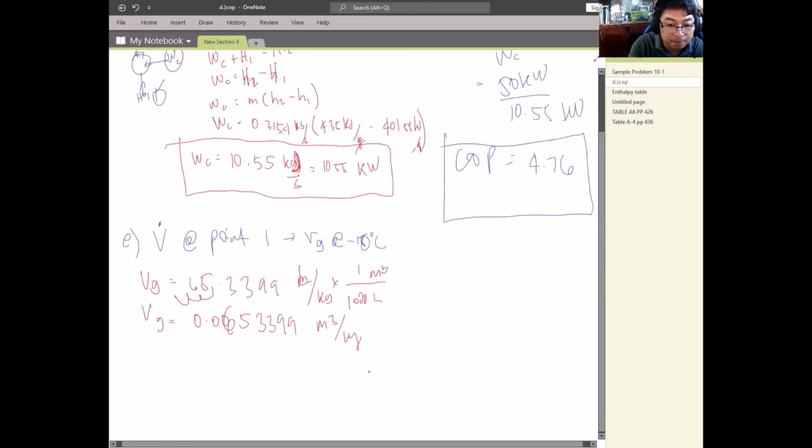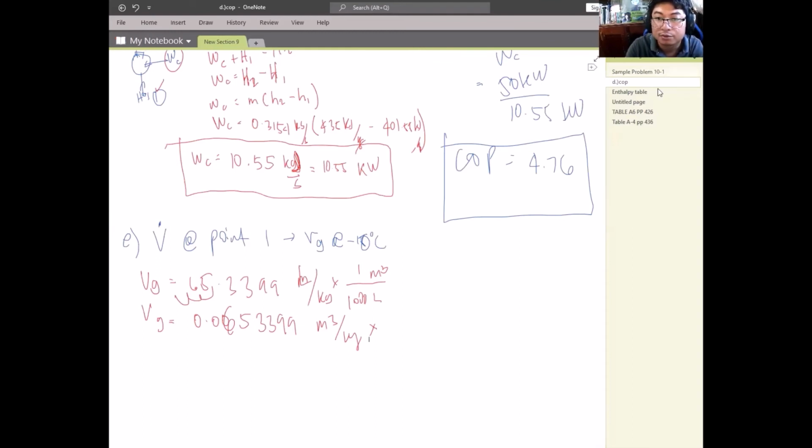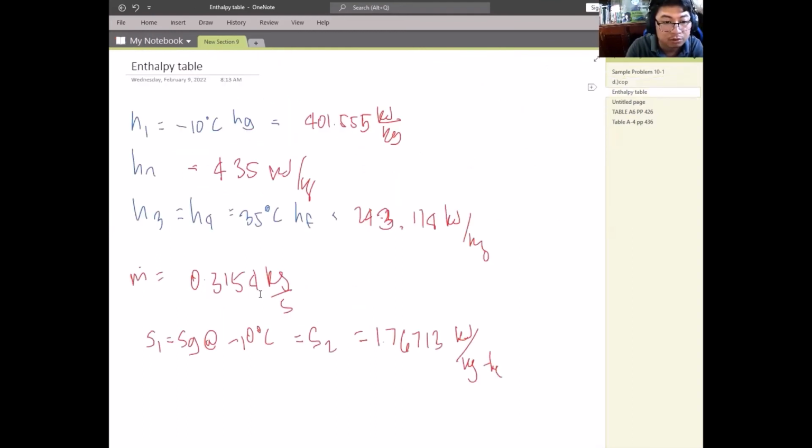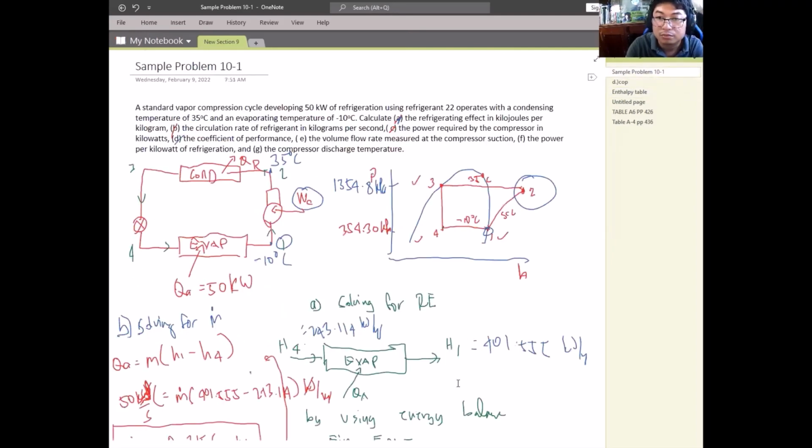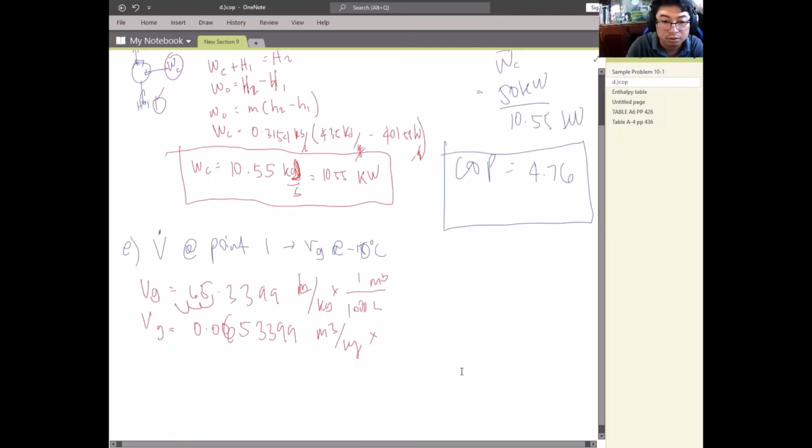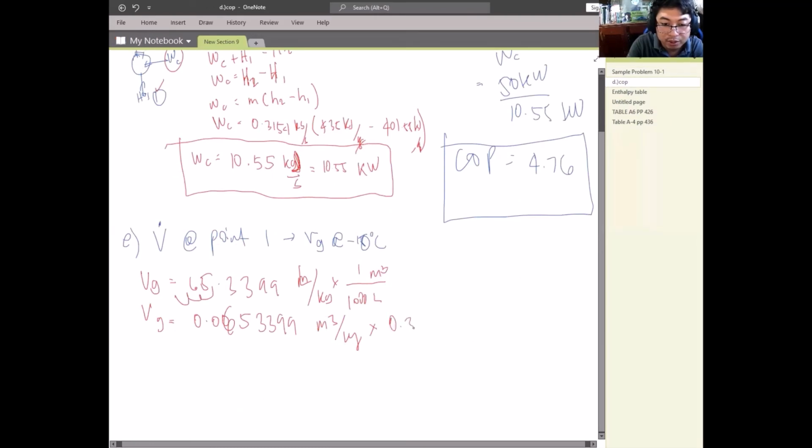So if we multiply this by mass flow rate, what is our mass flow rate again? 0.3154 kilogram per second.